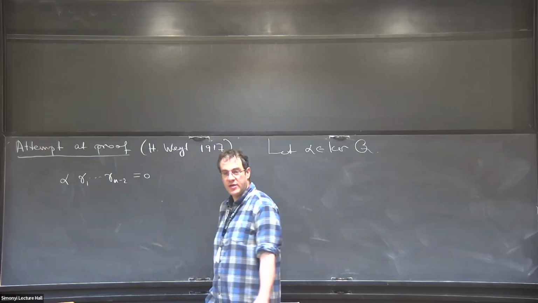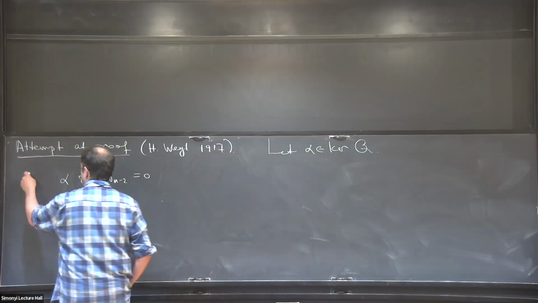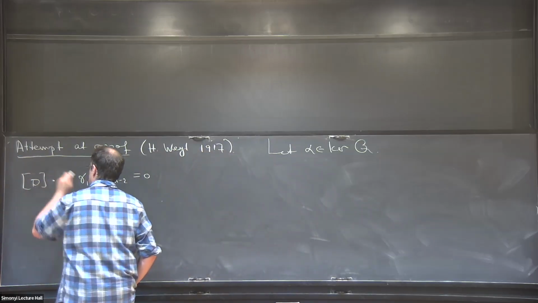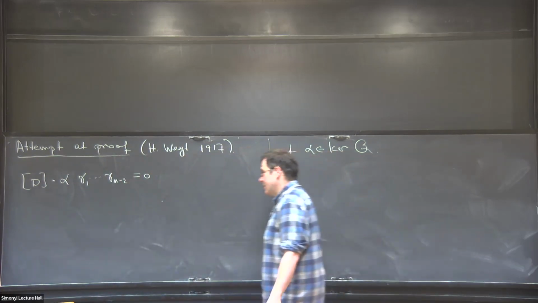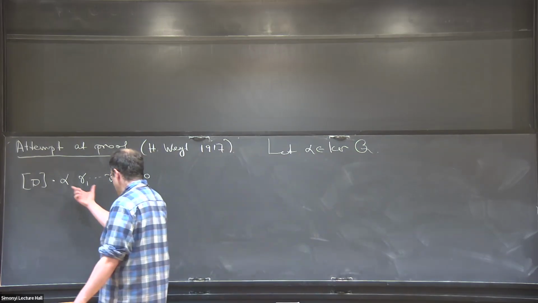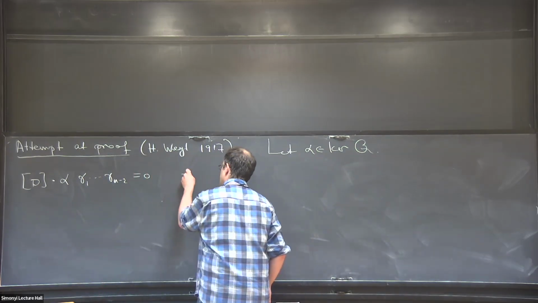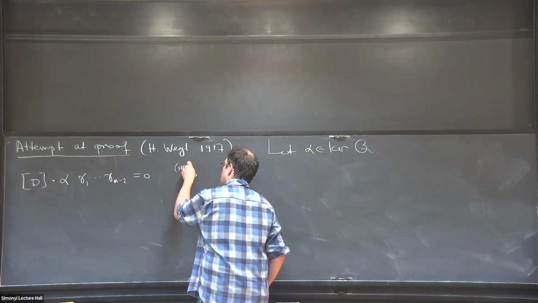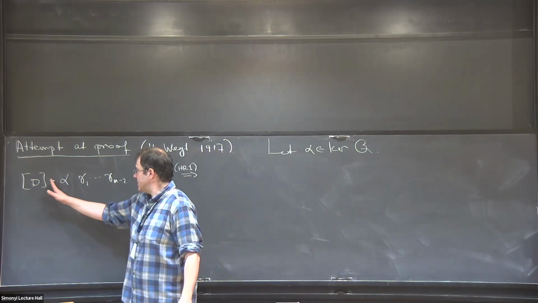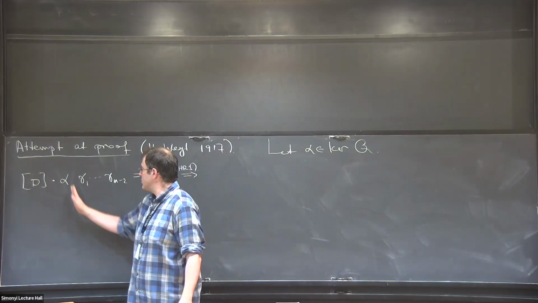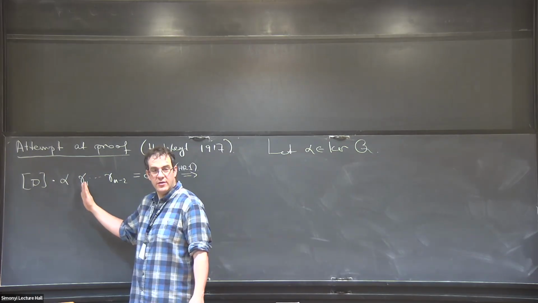That's just what it means to be in the kernel. In particular, if I take any prime divisor D, I can just stick it on and I have 0. Now I can think of this as the intersection numbers of these divisors restricted to D.